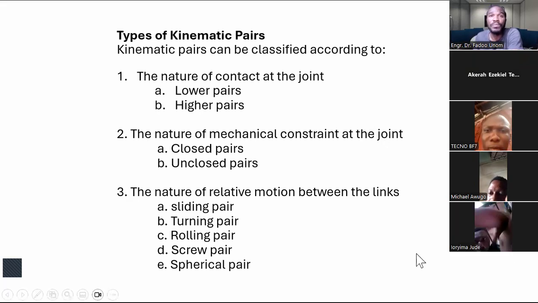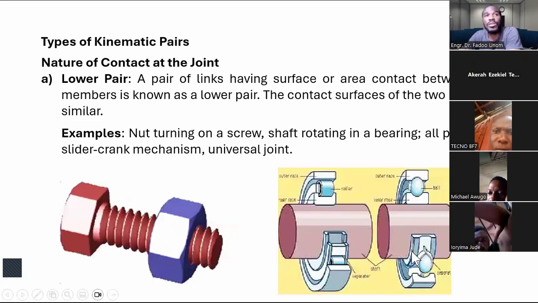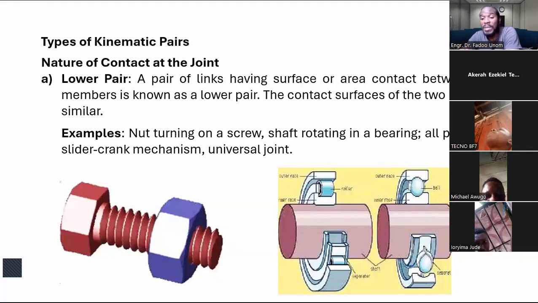So, based on the nature of contact, we said a given pair of kinematic pairs are called lower pairs if the nature of contact is surface to surface, right? If you have surface to surface or area contact between the members, then we'll call those lower pairs.